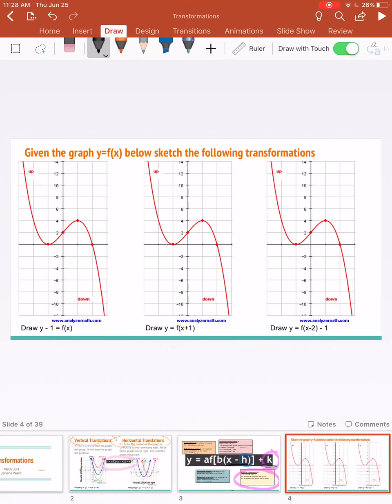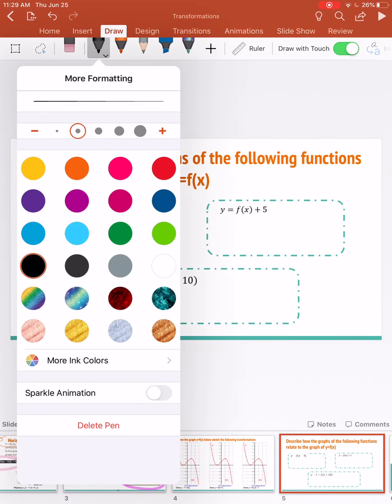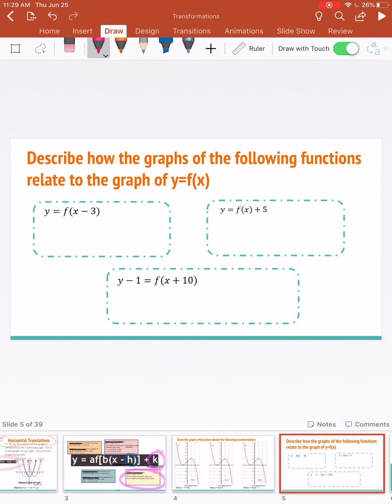Okay, so let's start by looking at some graphs. In your notes, I think we start here. It says describe the transformation of each. Here we're replacing the x with x minus 3. When we look back at that formula, you may be wondering what those other letters mean? We'll get to that, don't worry about it.